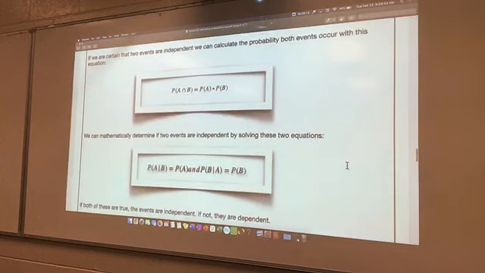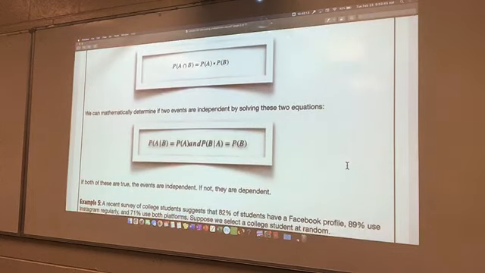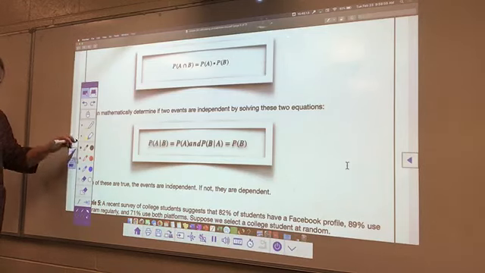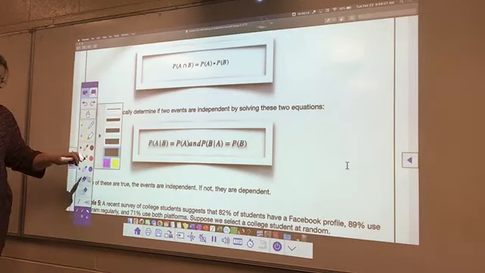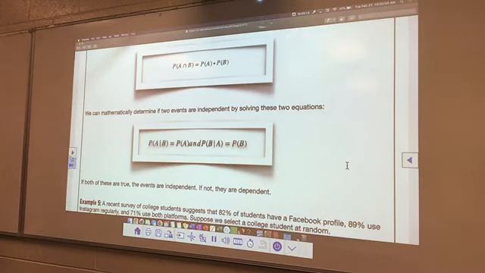So this is how you would mathematically prove if two events are independent.